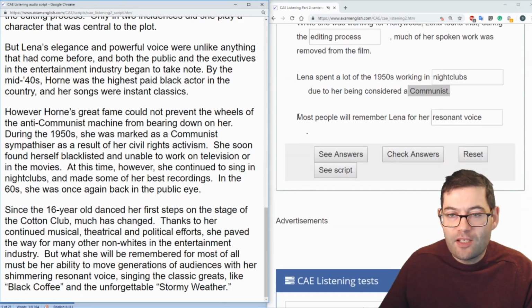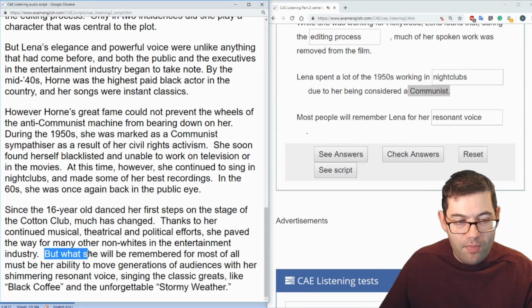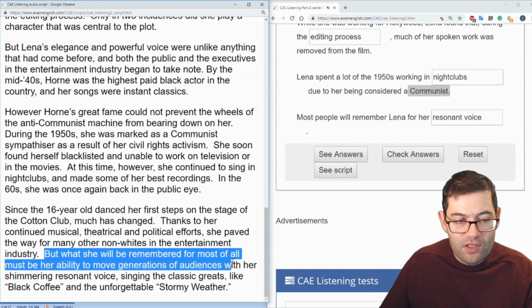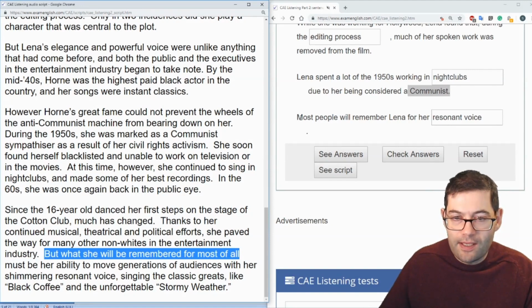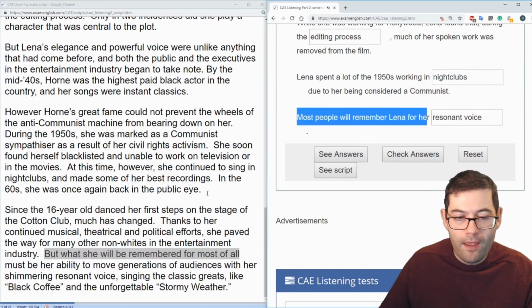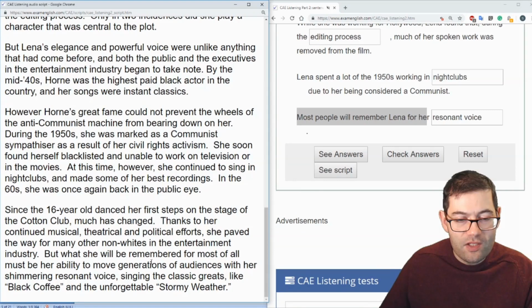And then at the end, it says most people will remember Lena for her resonant voice. And that relates to this. But what she will be remembered for most of all, that clearly links to this bit here, must be her ability to move generations of audiences with her shimmering, resonant voice. So we've got a little bit of separation here between what she'll be remembered for most of all, and then what it is that she'll be remembered for.